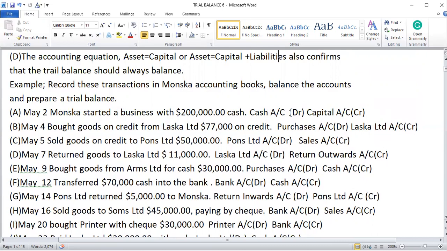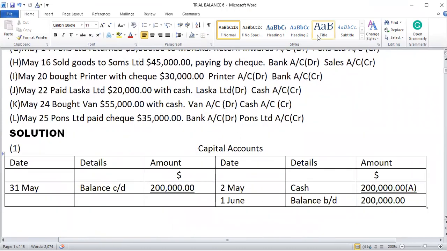The cash account is being debited and the capital account is being credited. So let's look at the journal entry. We have the cash account, we have the capital account. You see, this is the ledger, the T form of account. It has a debit side and a credit side. I've also made a video about the ledger, so you can click on the link below to go and watch that particular video. So this is it.